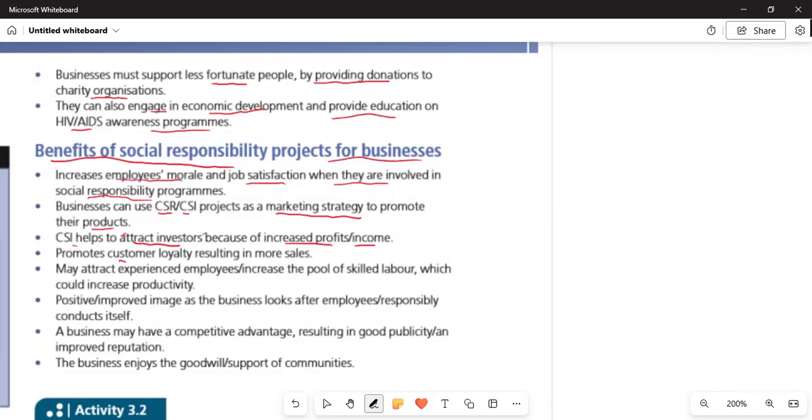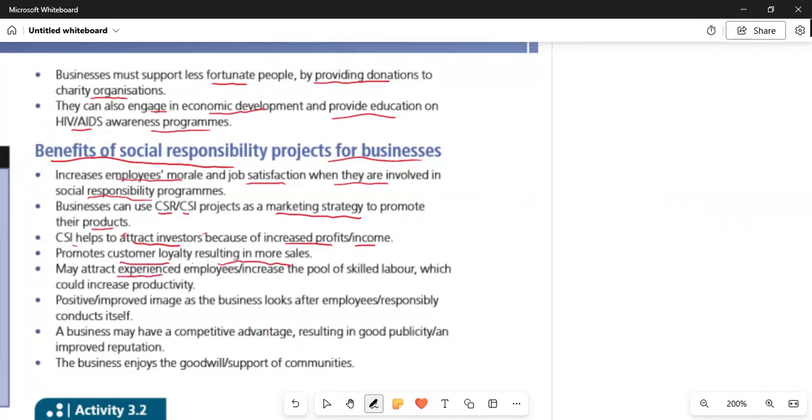It also promotes customer loyalty, resulting in more sales, like I've said. So customers are going to be loyal to organizations that practice CSR as well as CSI. So they're going to keep the customers with that organization.